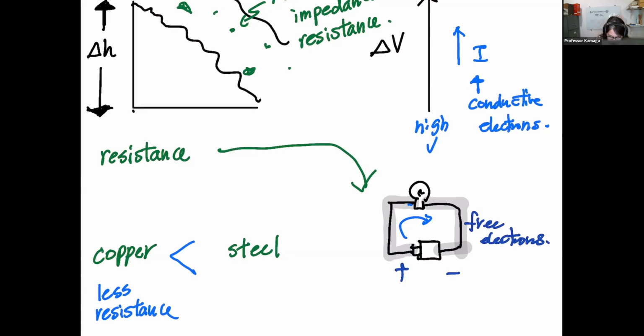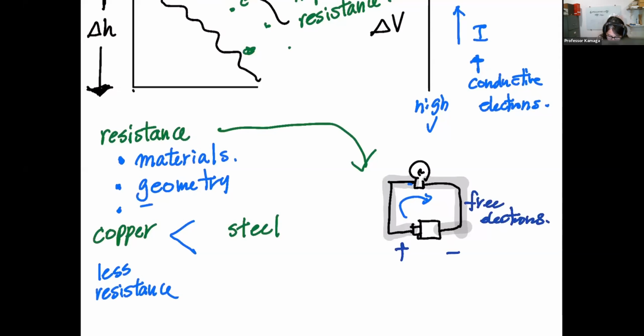And this resistance depends on the material. Copper and steel have different resistance. Also, the resistance depends on the geometry and temperature.